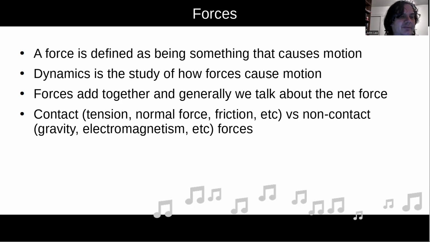Another contact force would be if you were physically pushing an object, while a non-contact force is something like gravity, electromagnetism, or the nuclear forces, which is when you are not directly pushing an object, but there's still a push or a pull. For example, the moon is not touching the Earth, but it's still being pulled towards the Earth by gravity.